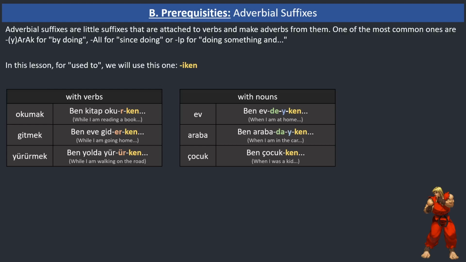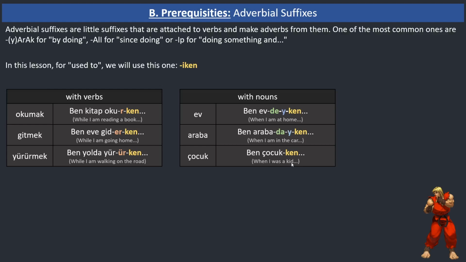This is one of the functions of ken. With nouns, it doesn't have tense endings or personal endings. It inherits the meaning from the main verb in the sentence. If you're talking about the past: ben çocukken çok arkadaşım vardı. The main sentence has vardı, past tense, so this implies çocukken is also about the past, when I was a kid.